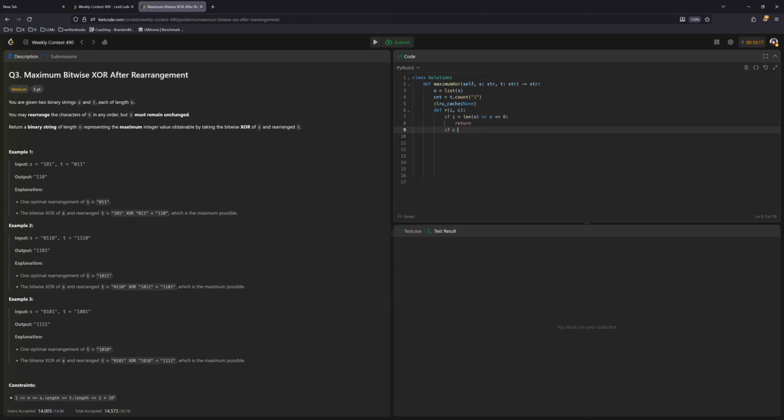If there is a 1, yes. Now, if O of I equals 0, then is there any reason that we wouldn't want to flip it? No. No, there isn't.